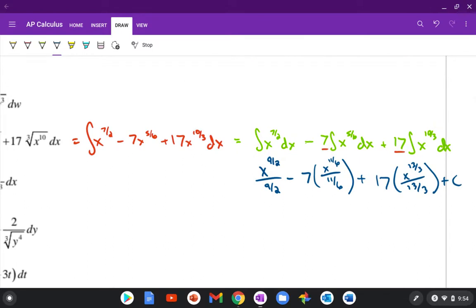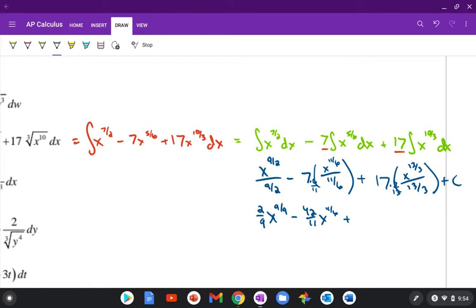And then when we simplify all these, remember that you flip the bottom and multiply. So this becomes 2/9 x to the 9/2 minus, and then since we got a 7 out there, we're really timesing it by 6/11. So that would be -42/11 x to the 11/6 plus, and then same with this one, we're flipping and multiplying really by 3/13.